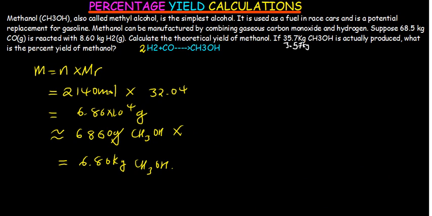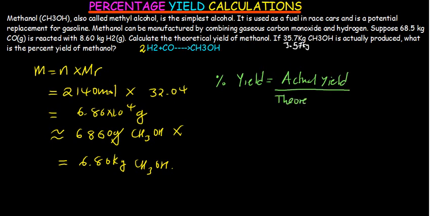Percentage yield is equal to actual yield divided by theoretical yield, and then we multiply that by 100%.